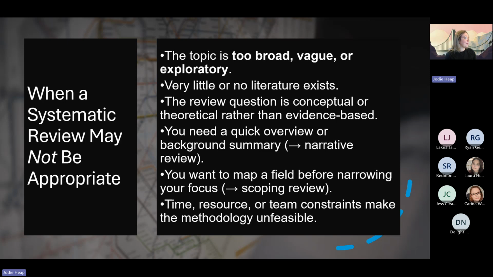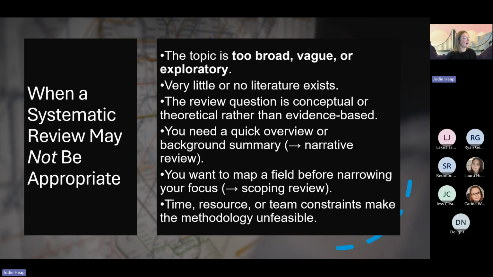Situations when it might not be appropriate is when the topic is too broad, vague, or exploratory. Very little or no literature exists, so it is an emerging field. It's a topic that is maybe interdisciplinary. We've not really had too much research into it.